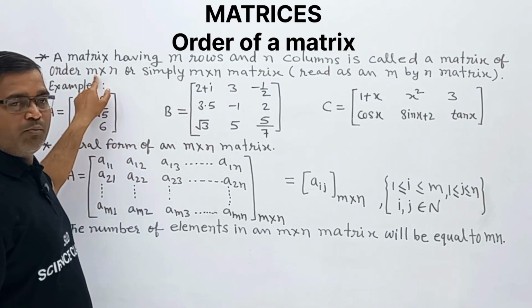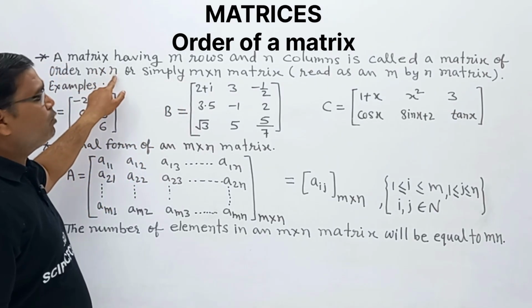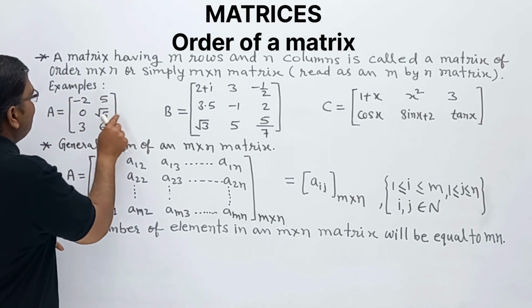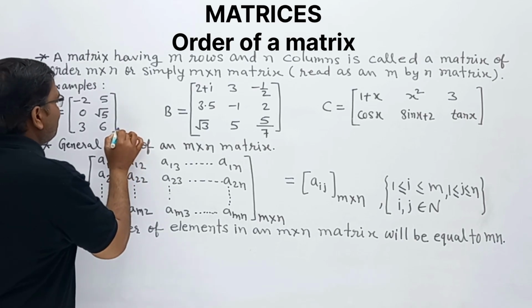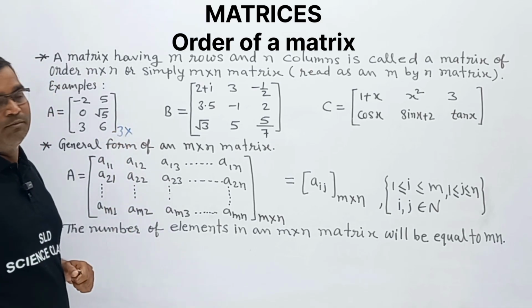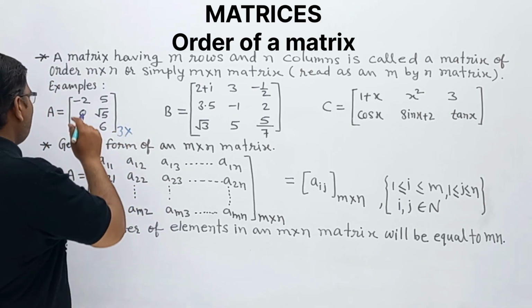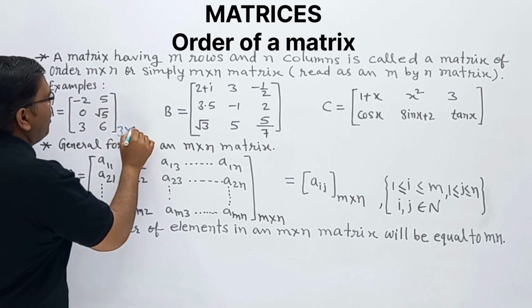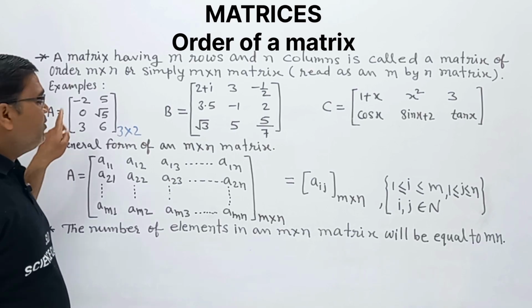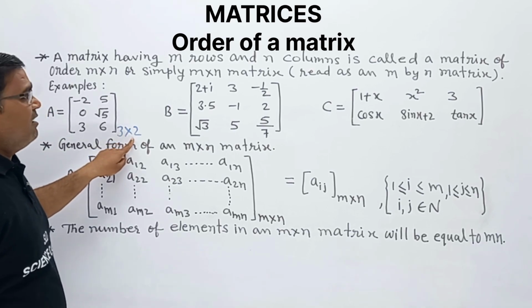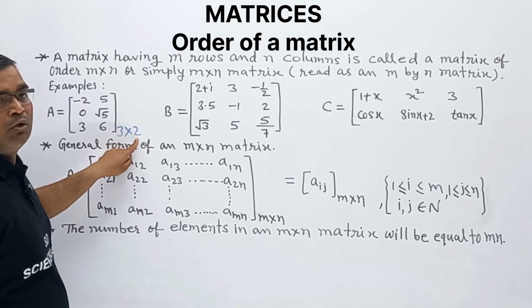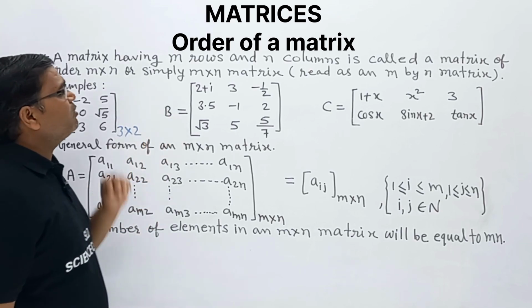First we write rows, then columns. m value will be 3, and n will be 2. So matrix A has order 3 by 2. Clear? Its order is 3 into 2.